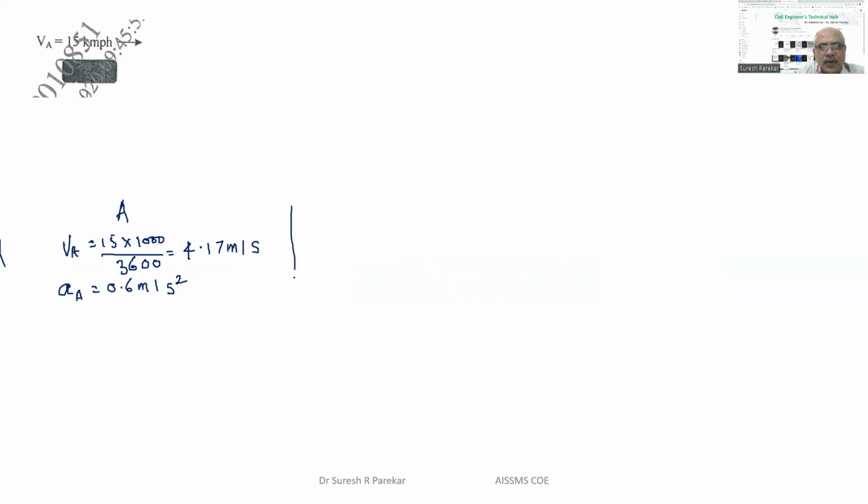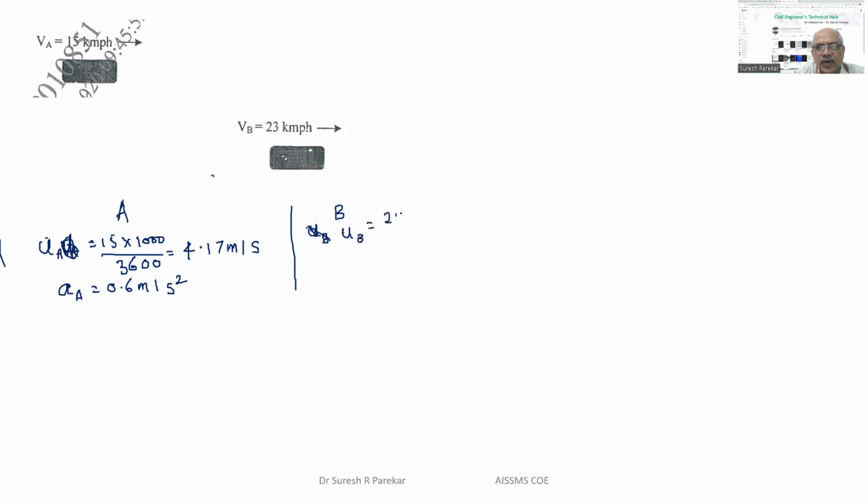Now if we write for B, we have VB 23 kilometer per hour. Now this is initial, so instead of V, I will write this value as U. I will write it as UA, initial velocity. This also I will write as UB, initial velocity.